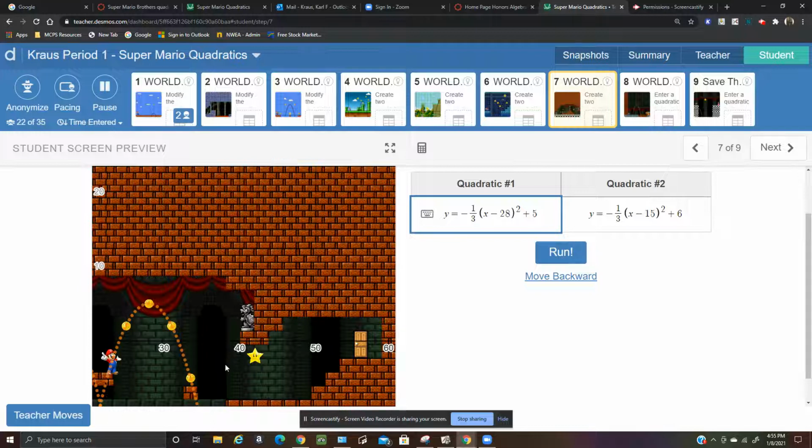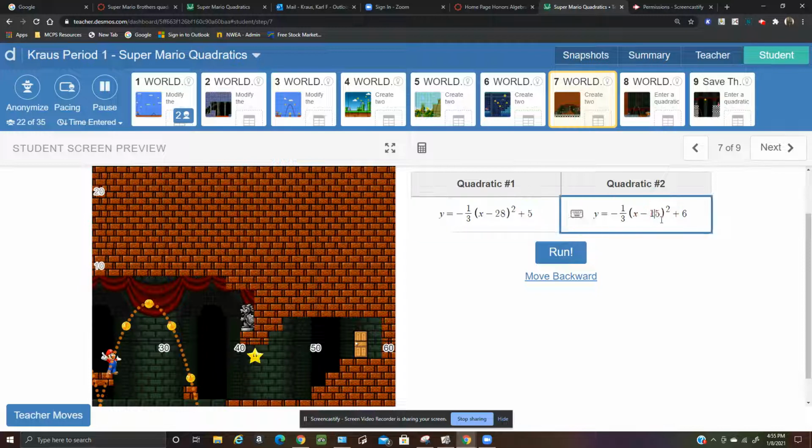And then this vertex, 41, negative 1 maybe.